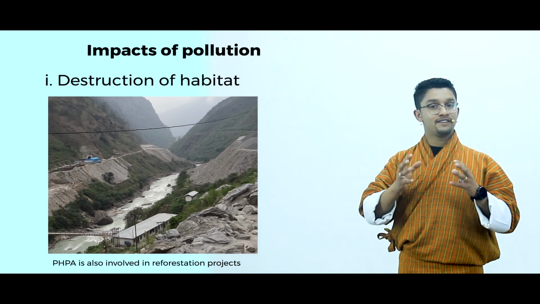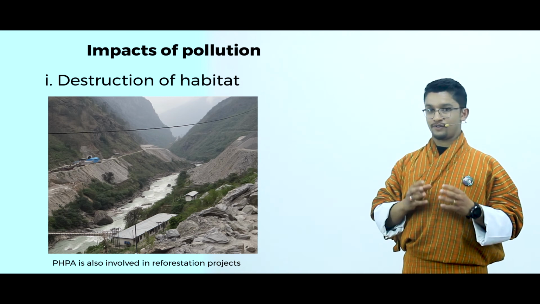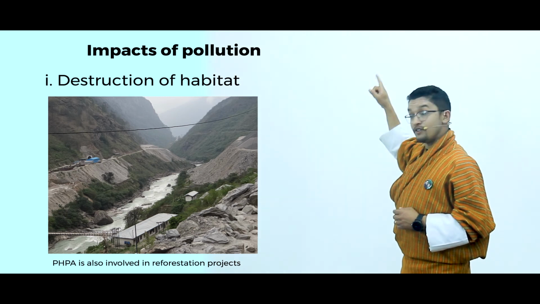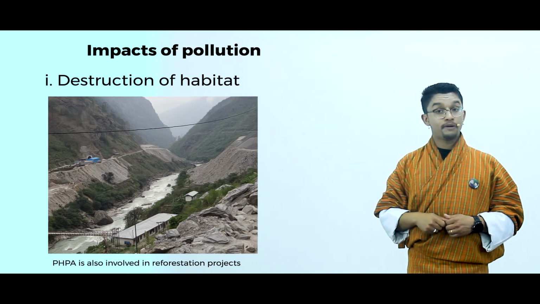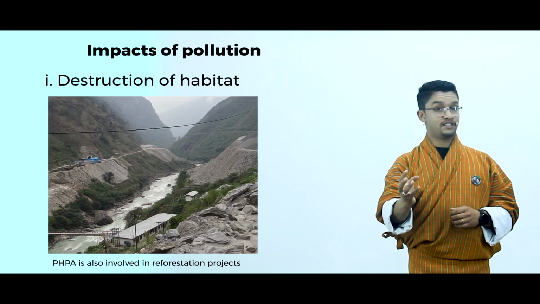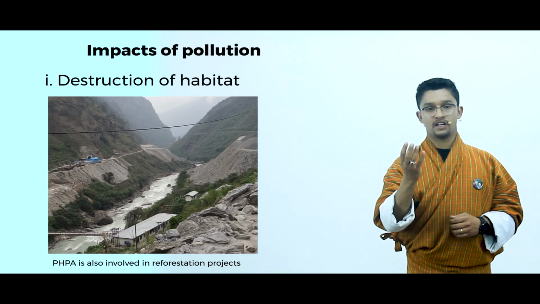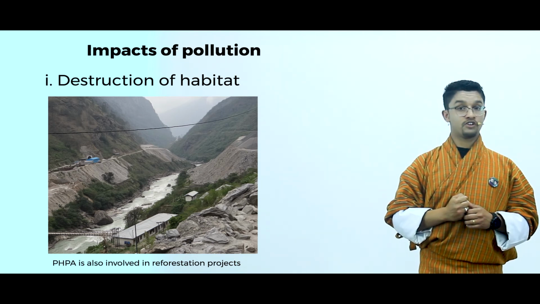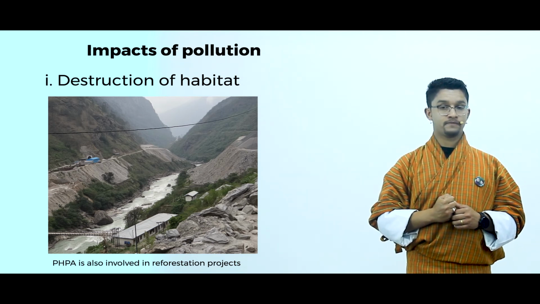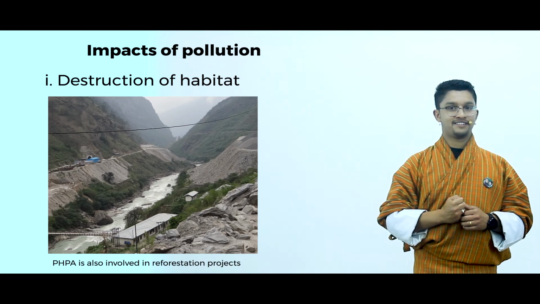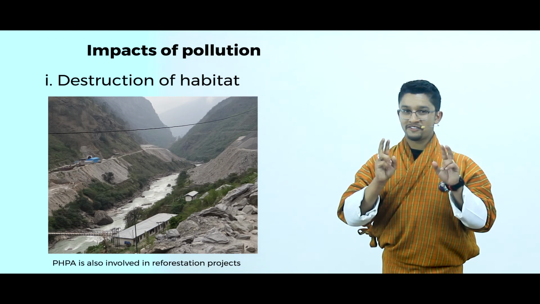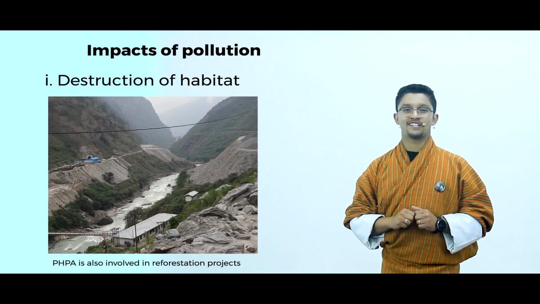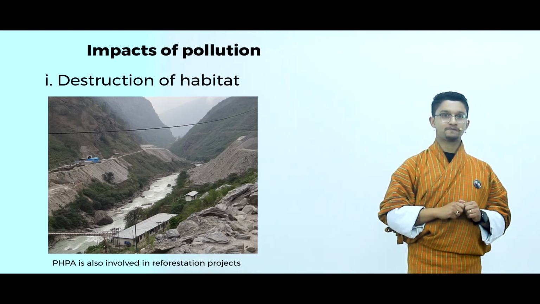There might have been a lot of animals, a lot of organisms living in the surrounding area as well as in the water body there. However, because of one human activity, the construction of a hydro project there, it caused modification of that area. And then it has become a threat for the survival of one critically endangered bird called the white-bellied heron.